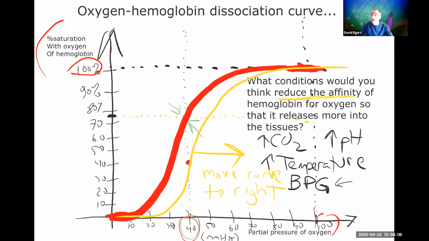And it ends up going up if you have increased growth hormone or increased thyroid hormone or the catecholamines like adrenaline. All those things increase metabolic activity, which increases the amount of this molecule. So that's another thing that tells the hemoglobin to let go of more. So this basically goes up in response to increased metabolism.